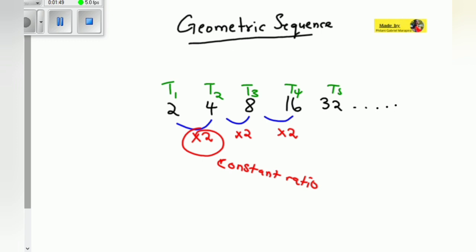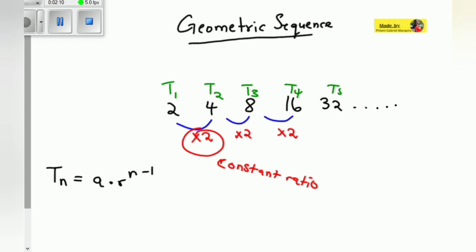What if we were asked to calculate term number 100? Are we going to keep on multiplying by 2 until we reach term 100? That's going to take a long time. But we can use a general formula that states that Tn is equal to a multiplied by r to the power n minus 1.